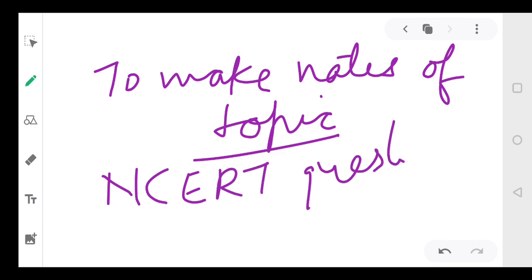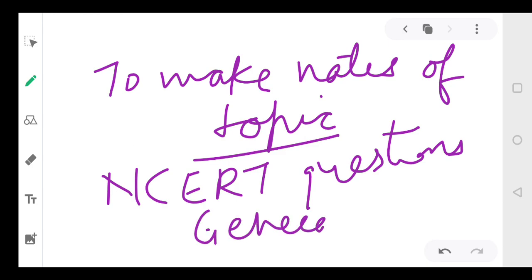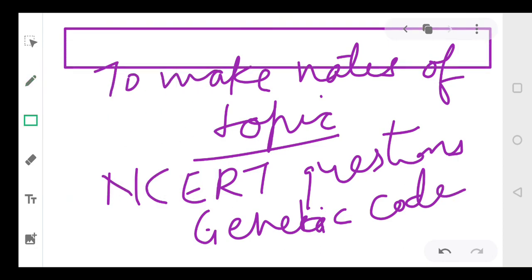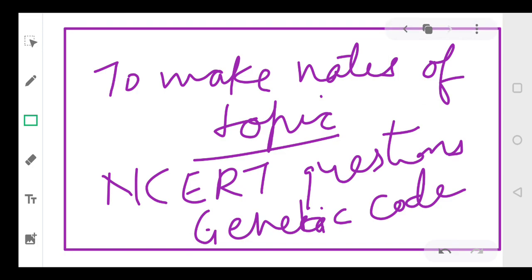So we will complete the NCERT questions related to the genetic code. Okay, everyone? Is it okay? So you have to make notes of the topic, and secondly, you will complete the NCERT questions of this topic, genetic code.